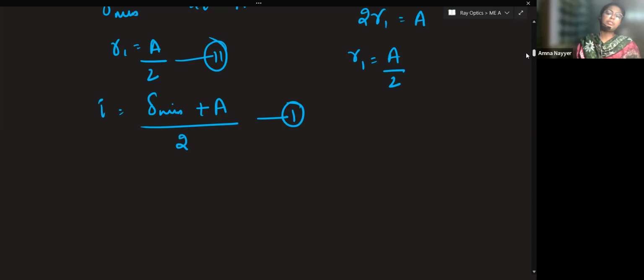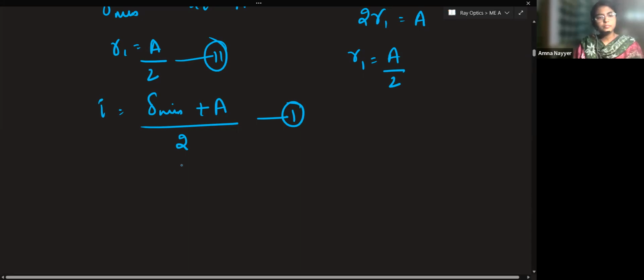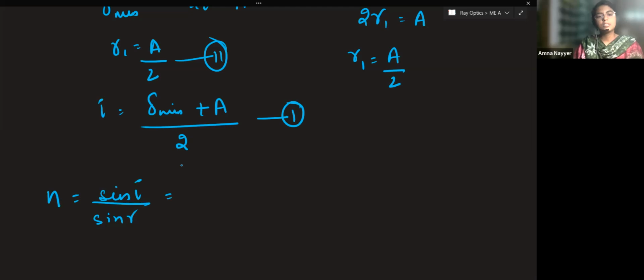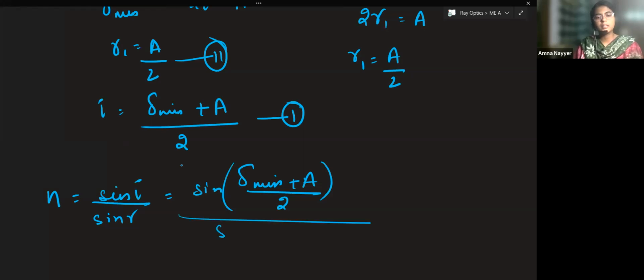Now see, if you apply Snell's law, then the refractive index is sine I divided by sine R. So sine of I, what is I? I is delta minimum plus A by 2, divided by sine R, which is A by 2.